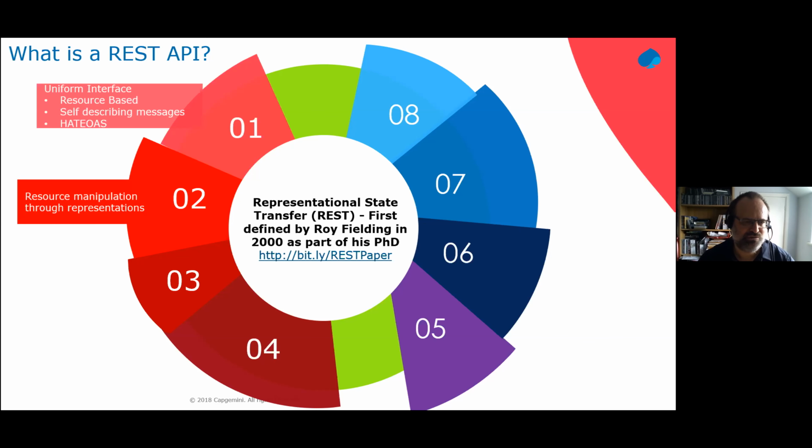Resource manipulation through representation, so that's effectively using the HTTP create, update, delete concepts, because there are more than PUT, POST, GET, DELETE, you know, PATCH, HEAD, and others are there as well with specific uses. Client server, well, that's kind of a no-brainer really.